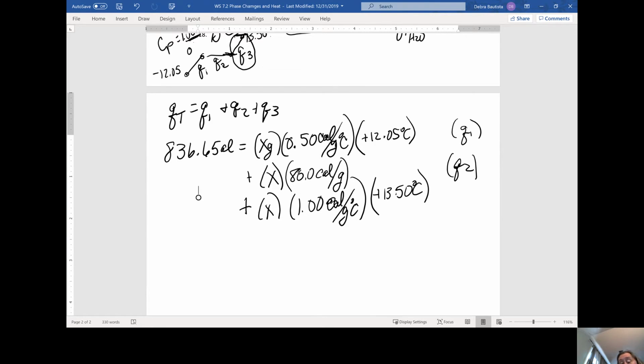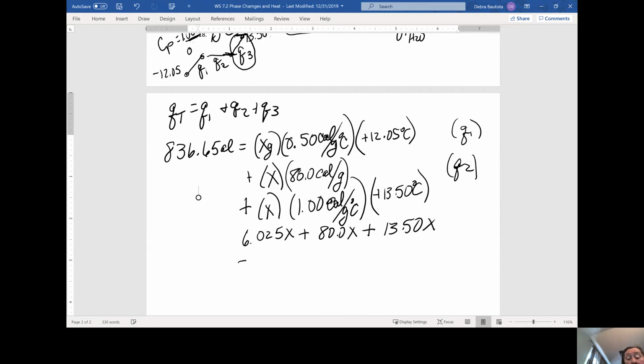So then you can probably do this math, but let me help you with it. 0.5 times 12.05 equals 6.025 times X, plus 80.0X, plus 13.50X.